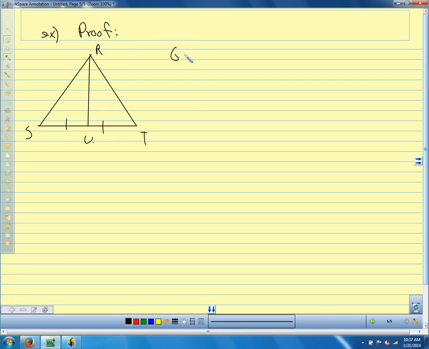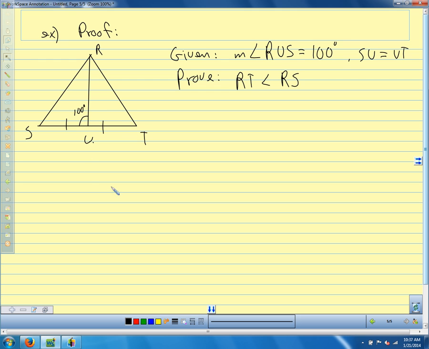And we're given that the measure of angle RUS equals 100 degrees, and SU, the way we marked it, equals UT. We want to prove that RT is less than RS. So we want to show that this side is shorter than this side. So let's mark here, this tells us that this angle is 100 degrees.